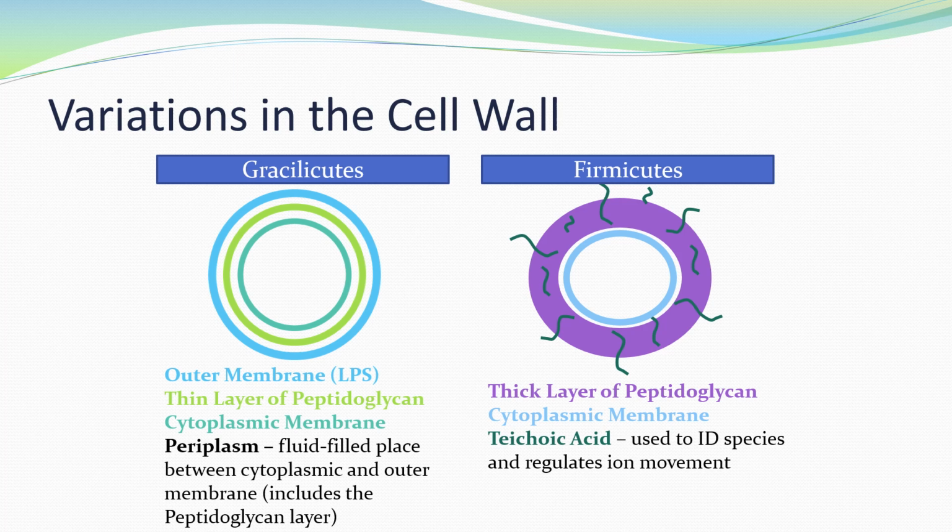So the gram-negative bacteria is going to be our Gracilicutes. Remember, that's going to be the thin-skinned, which makes sense because it does not have that thick layer of peptidoglycan. The Firmicutes, which are going to be our thick and strong gram-positive bacteria, they have that thick layer of peptidoglycan.